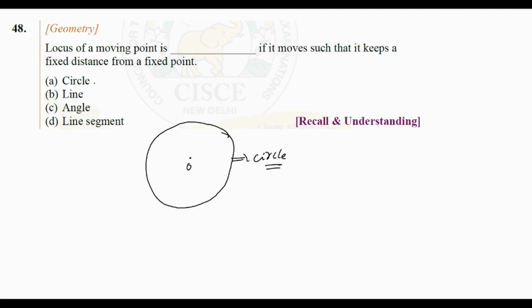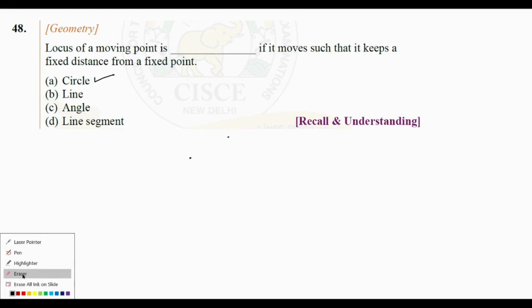Clear, children? So circle is the right answer. Why? Because the locus maintains equal distance from the single fixed point. That's why it is the circle. Now let's move to the next question.